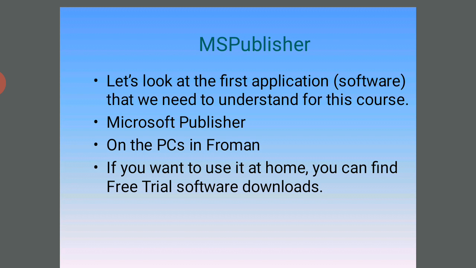Where available, free trial software is available on the internet. We open the internet and Google search, download the software and use it as the user defines. This is MS Publisher.